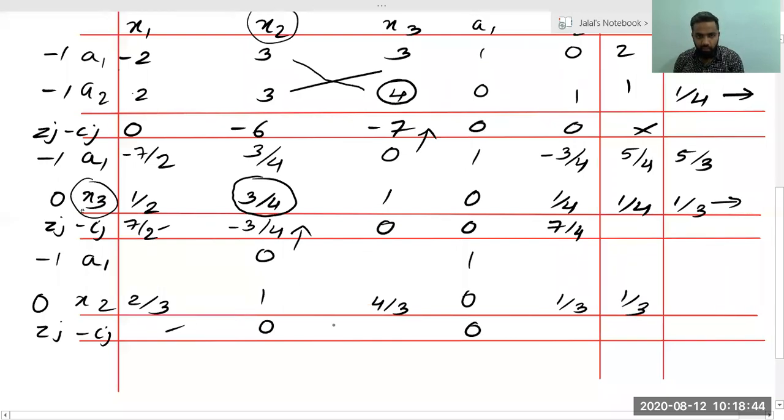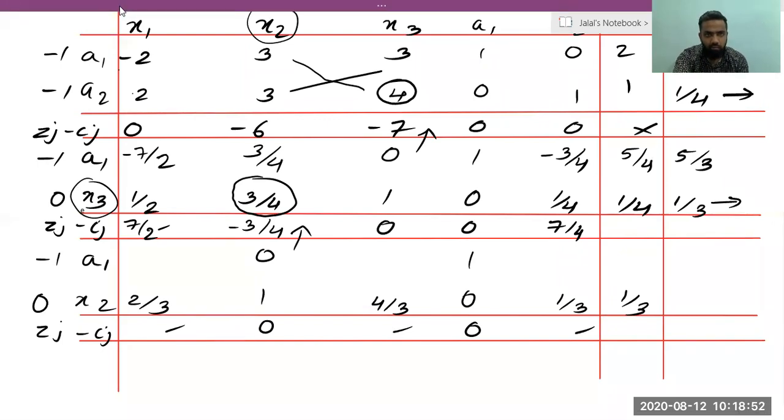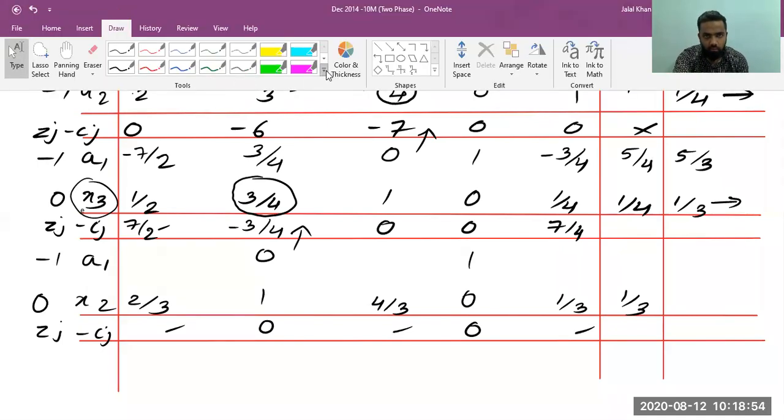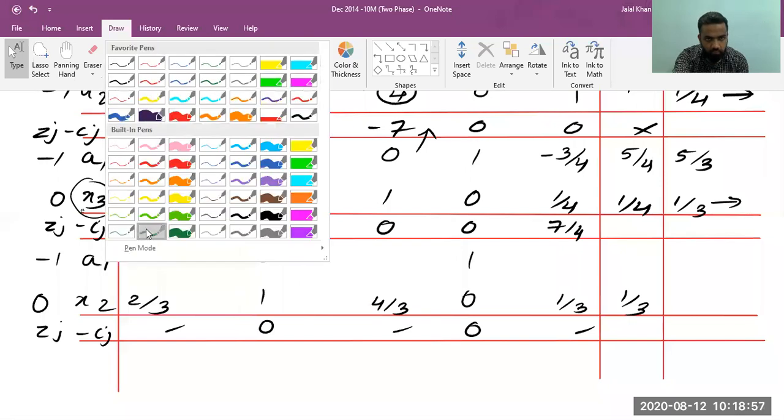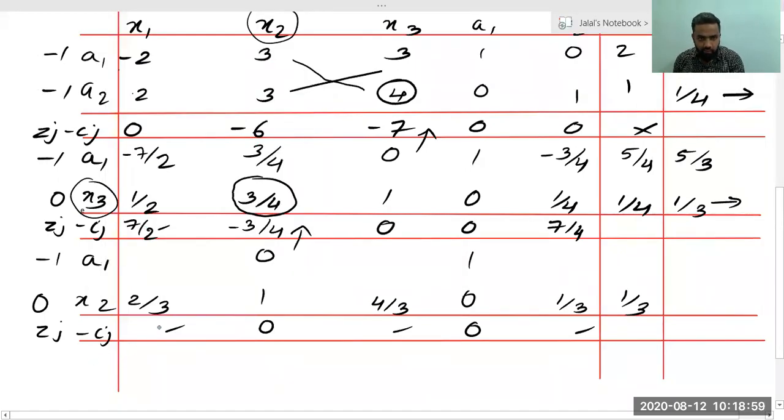Before finding that value, I'll try to find these three values just for the simplicity. So for finding this value, I'll just change the color. If I need to find this value, what I'll do, this into this minus this into this.